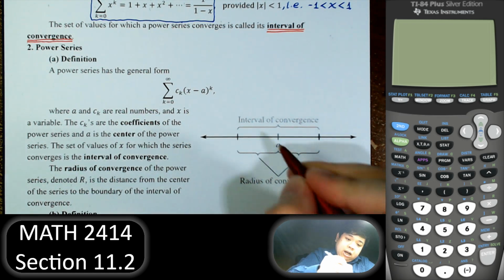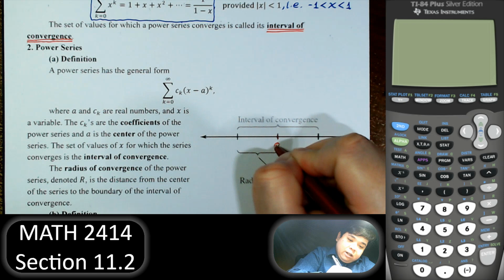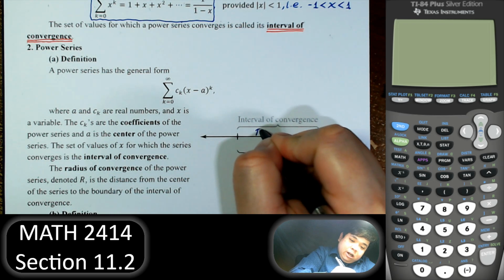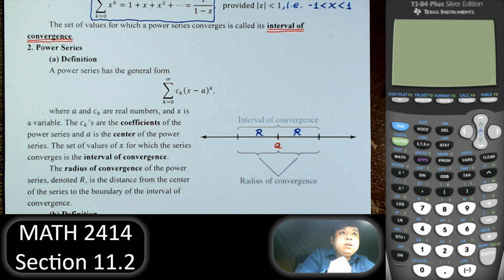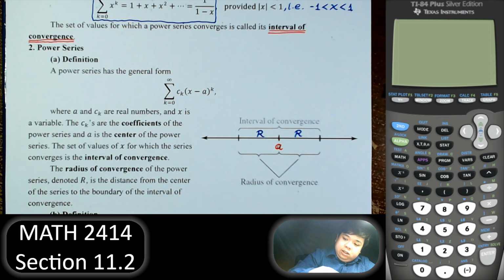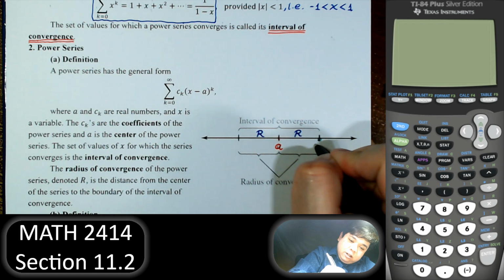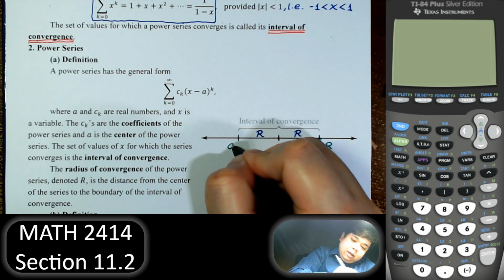So we have the interval of convergence. There will be a point in the middle, a center, and then on each side there will be a radius of convergence r. So this point here is a plus r, and this is a minus r.